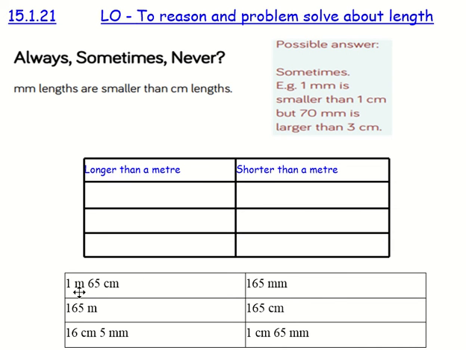So we've got here, we know this first one, it says it's 1 metre and 65 centimetres. So we know it's already telling us it's longer than a metre because it's got 1 metre and 65 centimetres.